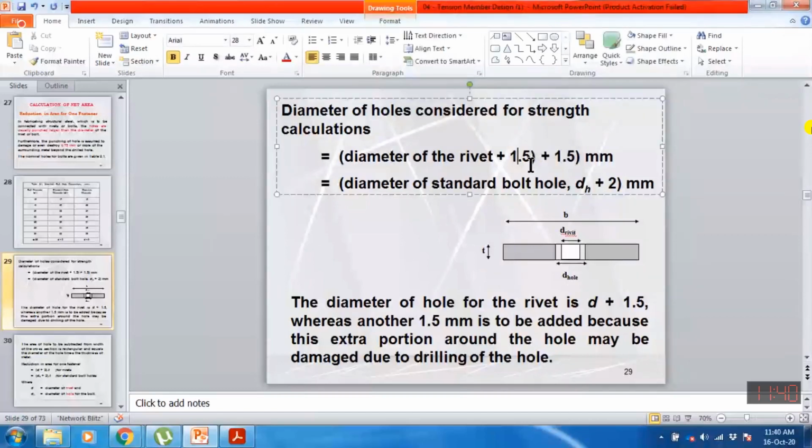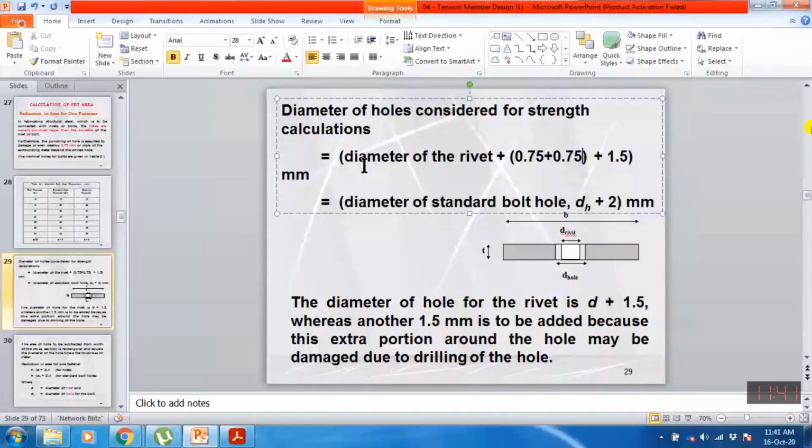as 0.75 plus 0.75, which is the margin given on both sides. So it means that I need to provide some extra margin on both sides as 0.75 and 0.75.